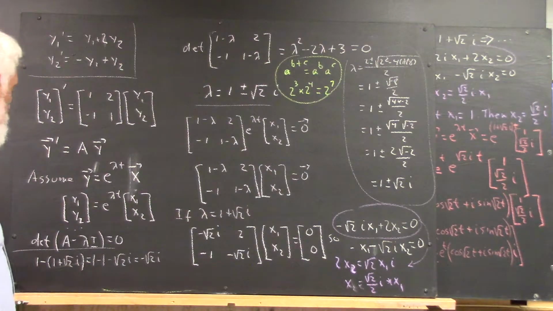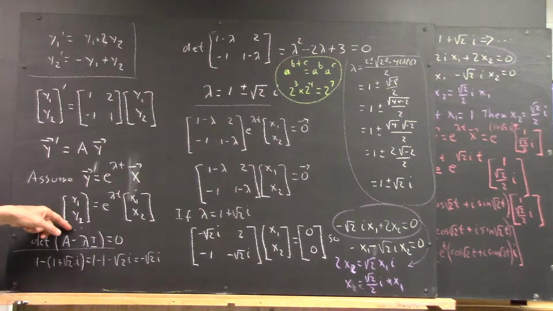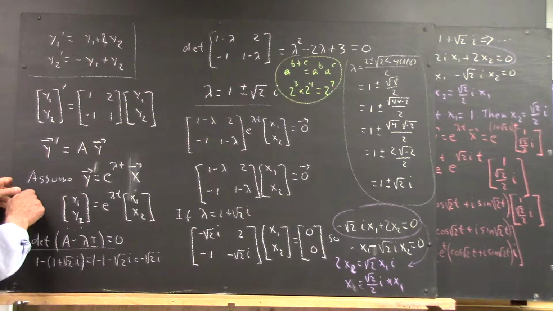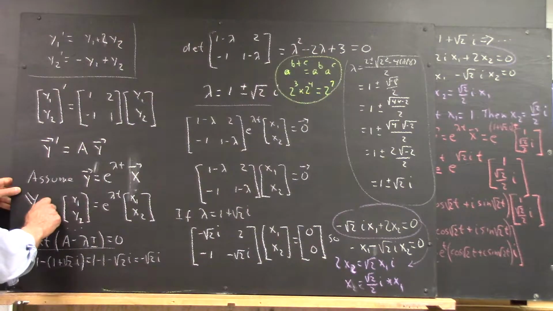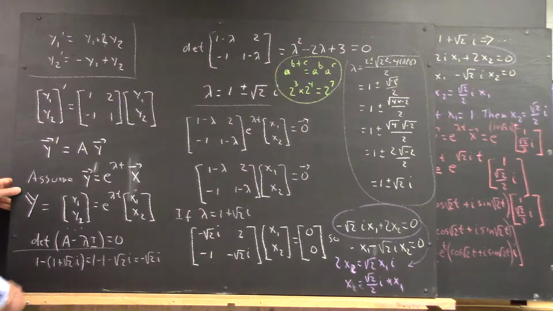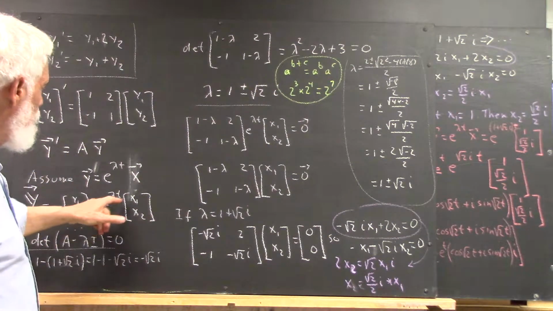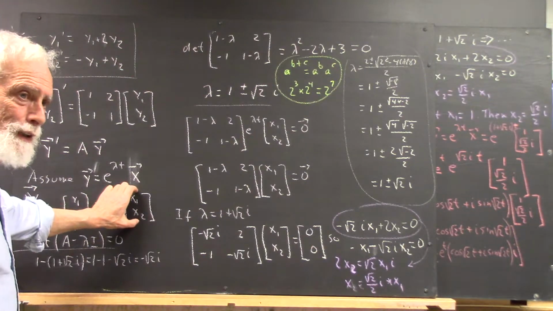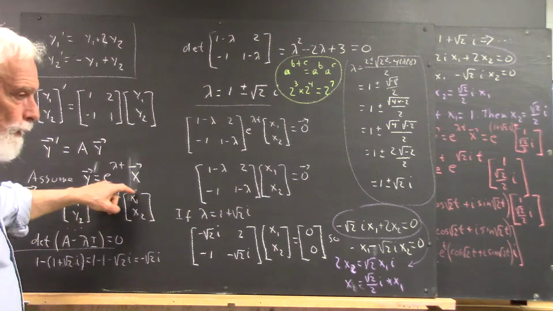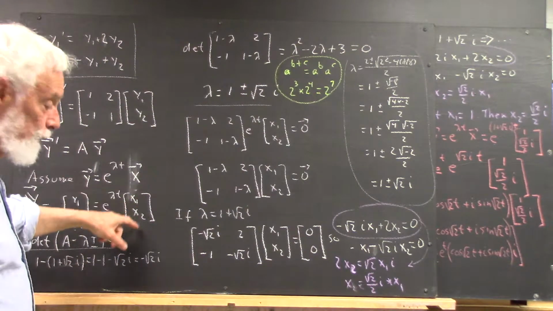Okay, so our solution y1, y2, we generally denote with a vector. I didn't do this in class, but let's write it. I'm going to write it as a vector, big fancy y vector. That's our y1, y2 column vector. And we're assuming that's of the form e to the lambda t times some pair of constant numbers.